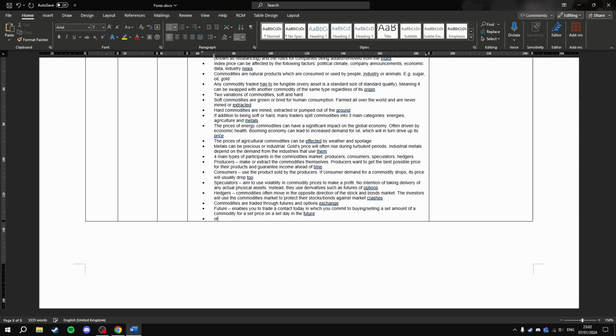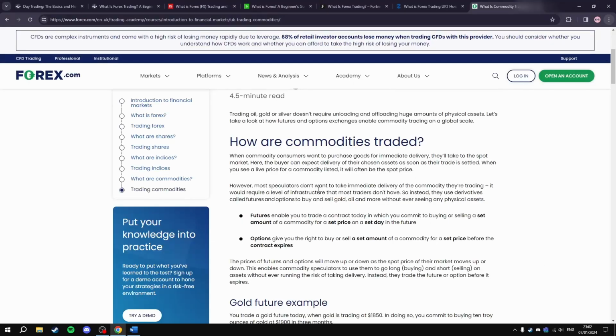And an option gives you the right to buy or sell a set amount of a commodity for a set price before the contract expires.